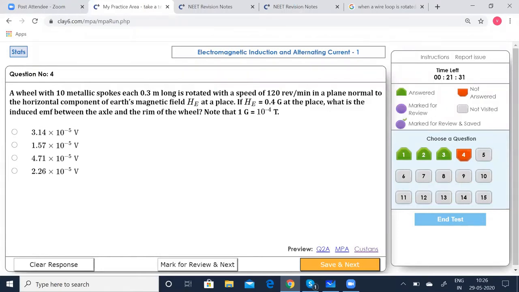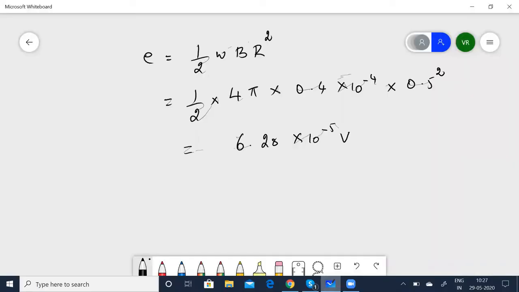That was 5 meters long, and here it is 0.3. So the radius was 5 there, and here it is 0.3. Let us quickly solve that using the same formula.